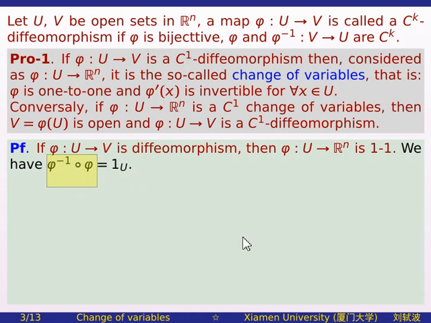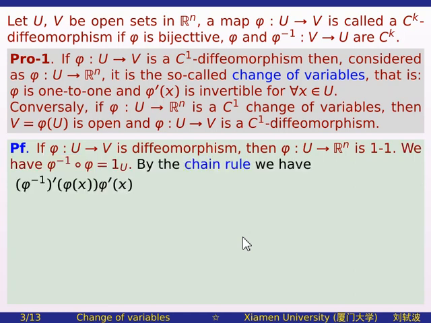Now we apply the chain rule. Since phi and the inverse of phi are both C1, we can apply the chain rule.